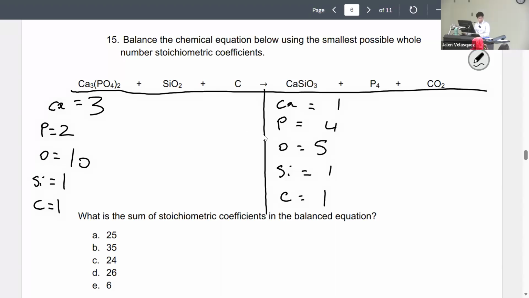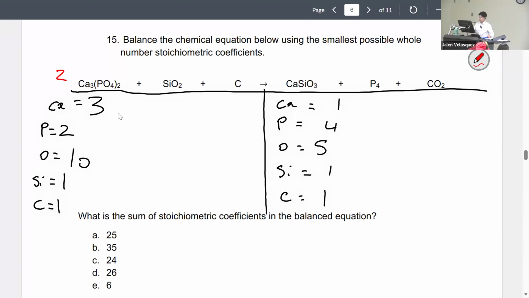Okay, so let's see what we could balance first. Let's look at the phosphorus first, right? Phosphorus on my product side I have 4, whereas on my reactant side I have 2. So how can I get 4 on this side? Put a 2, right?